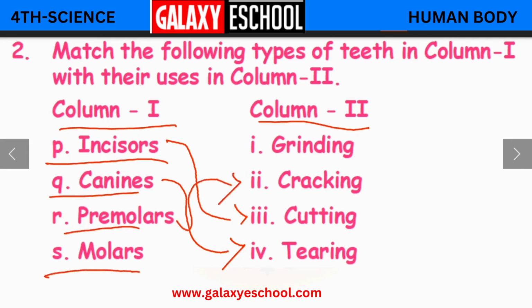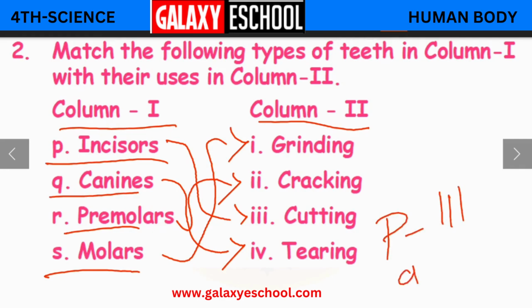And at the last, molars are used for grinding the food. So this is how they work, children. So what is the sequence for us? P is for 3, Q is for 4, R is for cracking, that is 2, and S, molars, is for 1.